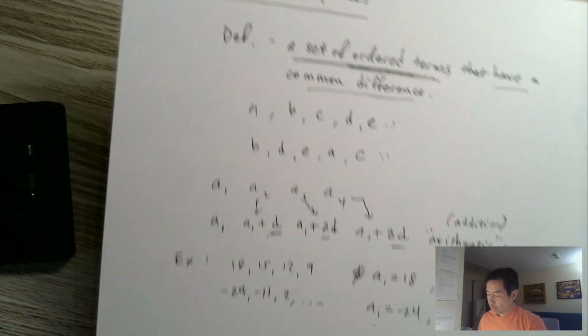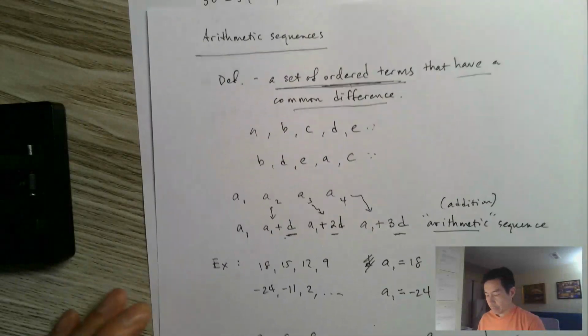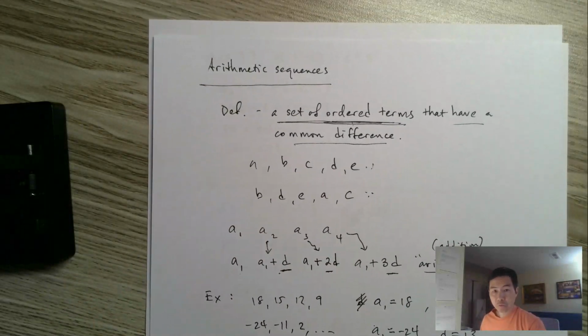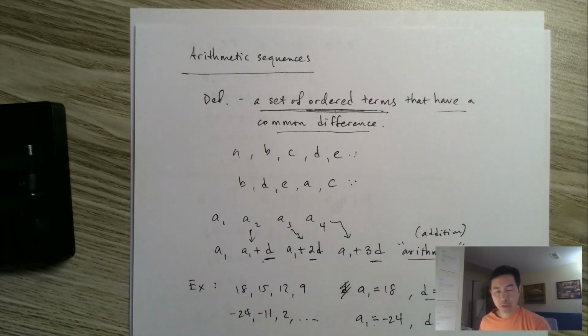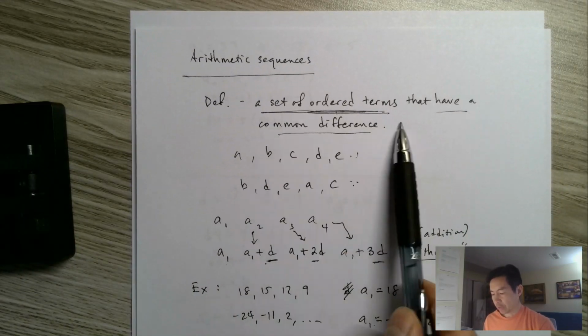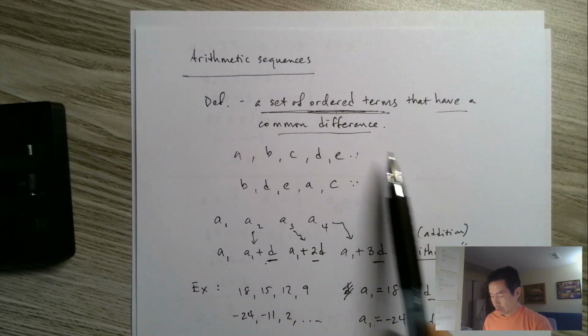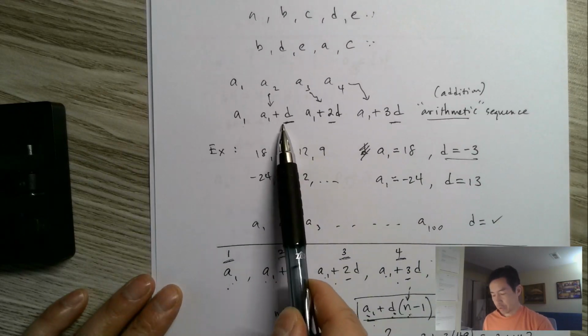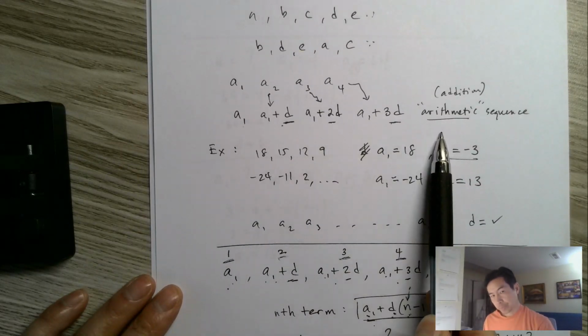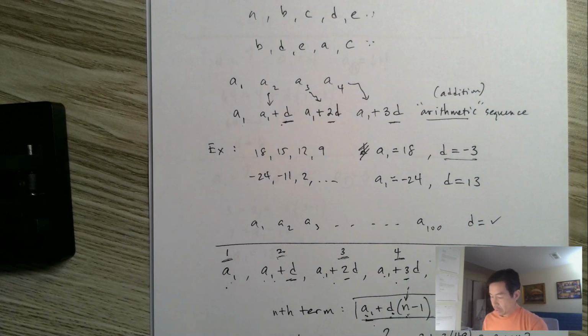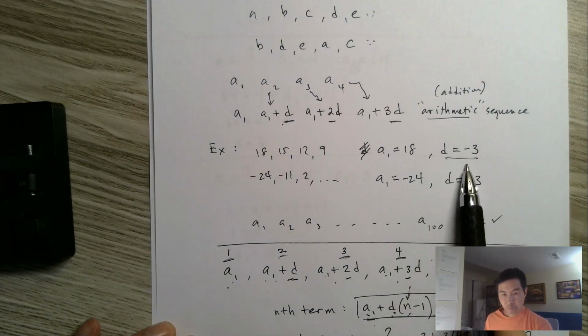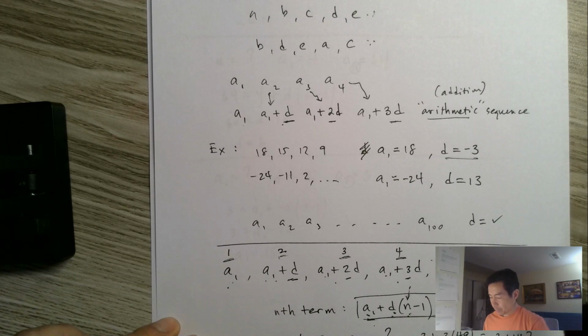Alright, so to wrap up this video, things not to forget. What an arithmetic sequence is, of course, a set of ordered terms that have a common difference. The common difference is what you add to every term each time to get the next one. And sometimes the common difference is negative, so watch out for that.